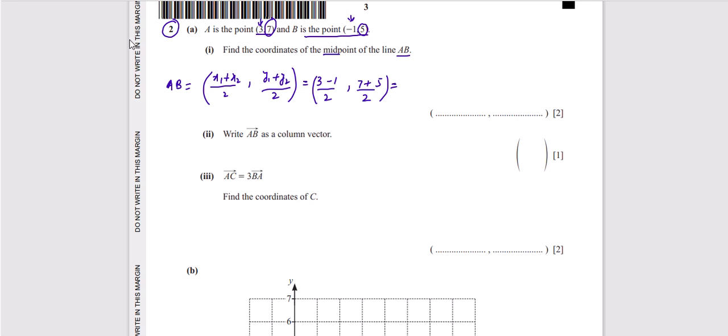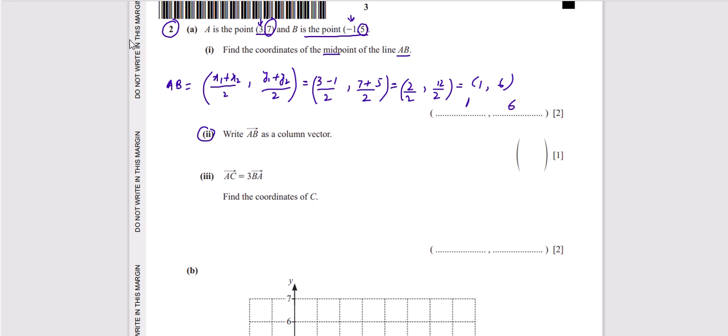So 3 minus 1 is 2, 2 divided by 2 is 1. 7 plus 5 is 12, 12 divided by 2 is equal to 6. So the required coordinate is 1 and 6.